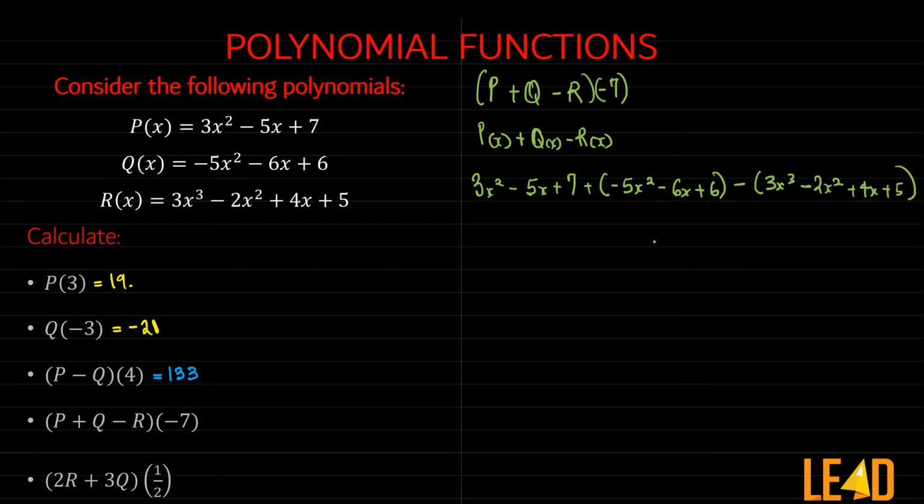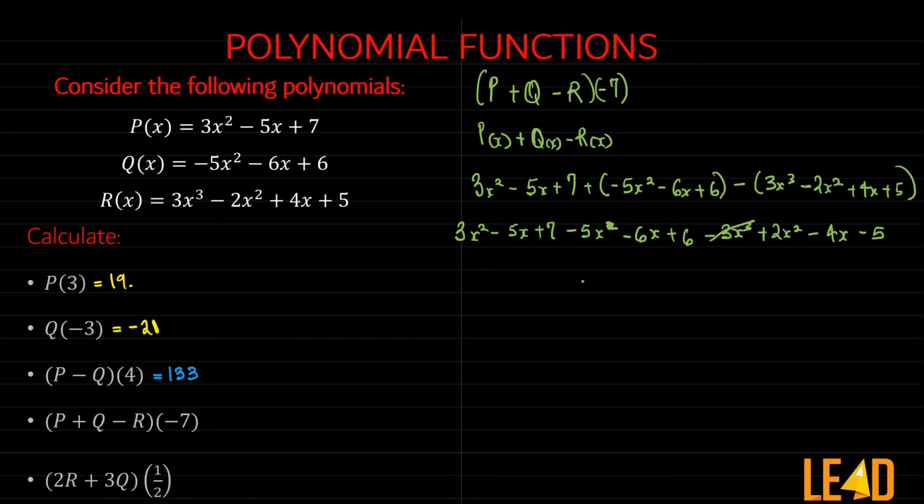Okay, checking my numbers. Okay, they are good. Next we'd have 3x squared minus 5x plus 7 minus 5x squared plus 6 minus 6x, plus 6. So minus 3x cubed plus 2x squared minus 4x minus 5. I use a negative sign to multiply through. Okay, my next move will be to pick up the like terms.